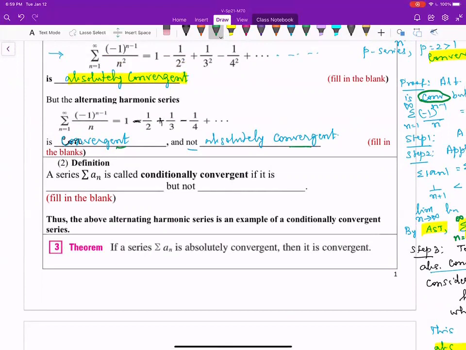A series sigma a_n is called conditionally convergent if it is convergent but not absolutely convergent. Thus, the above alternating harmonic series is an example of a conditionally convergent series.